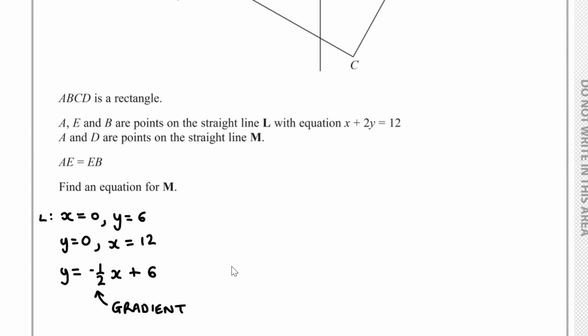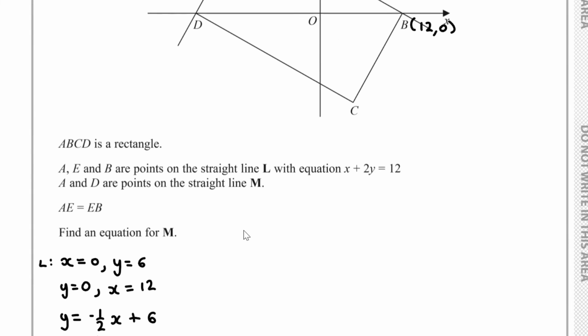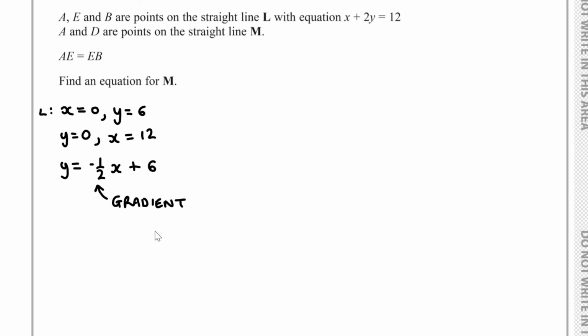So therefore, the perpendicular gradient for line M will be 1 over minus 1/2, which is 2. Let's just write that down. For line M, the perpendicular gradient is equal to positive 2, which is the negative reciprocal of minus a half.